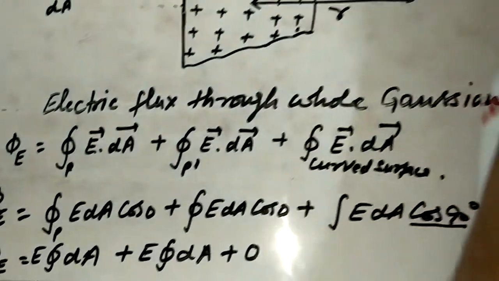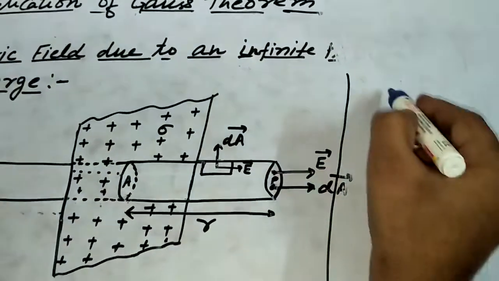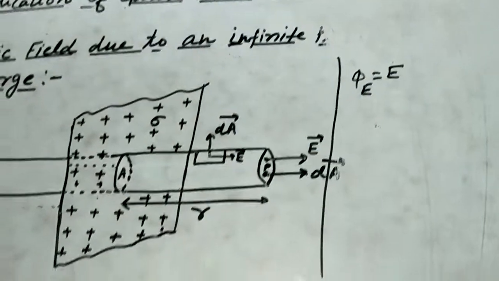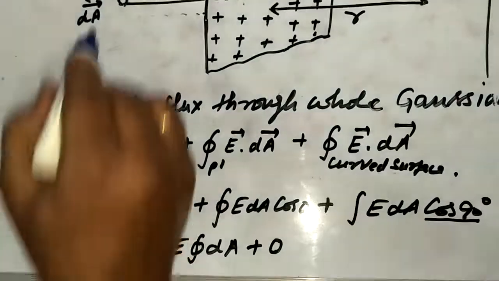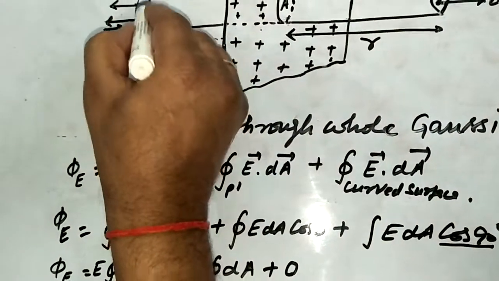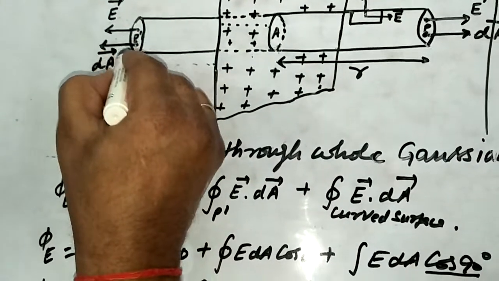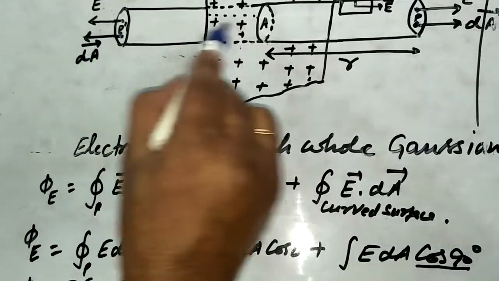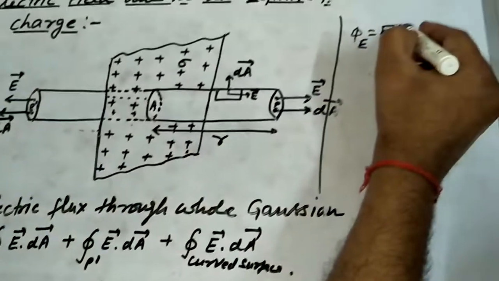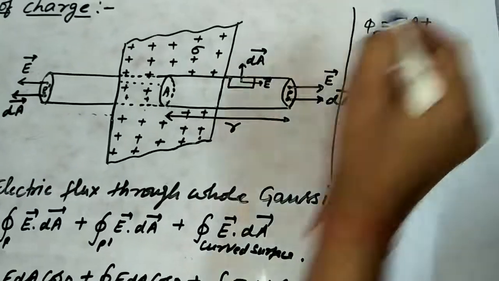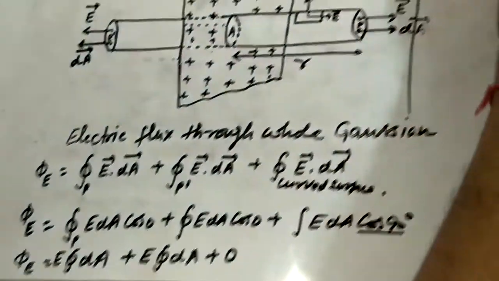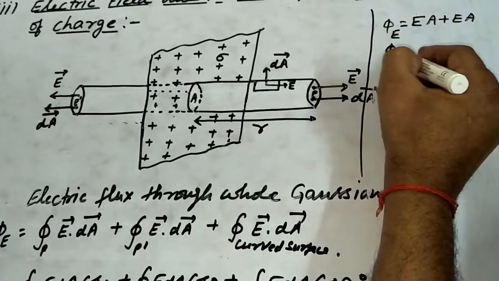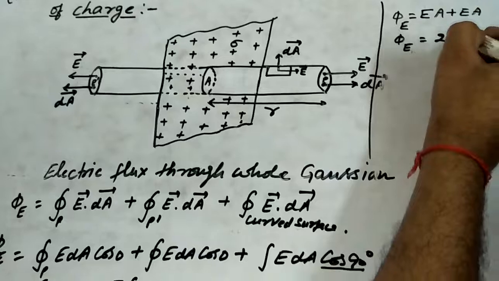So the total electric flux becomes phi E equal to E times the whole integration for this closed surface of dA, which means the total area of the plane surface. Let the area of this plane surface be A. So this one is E into A, plus this one also comes E into A. It means phi E is equal to 2EA.